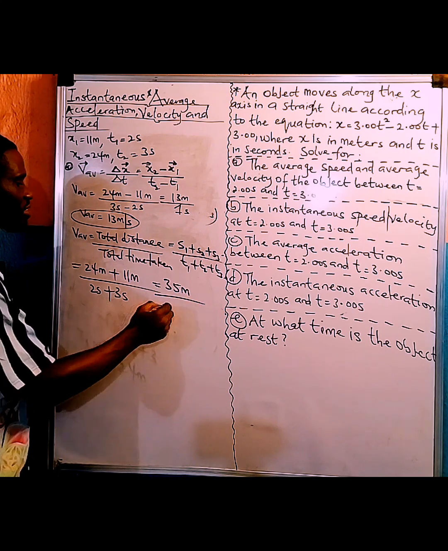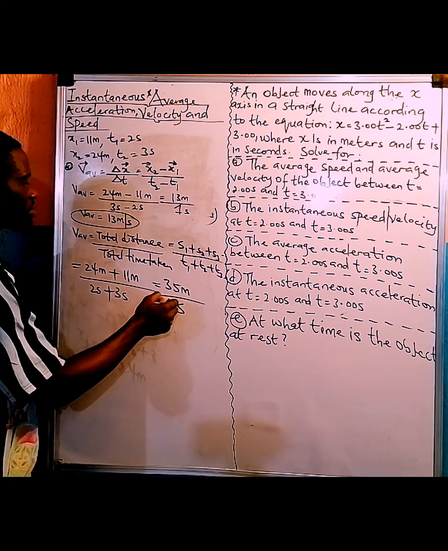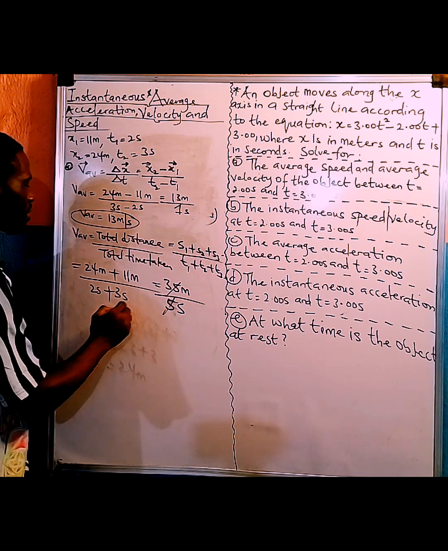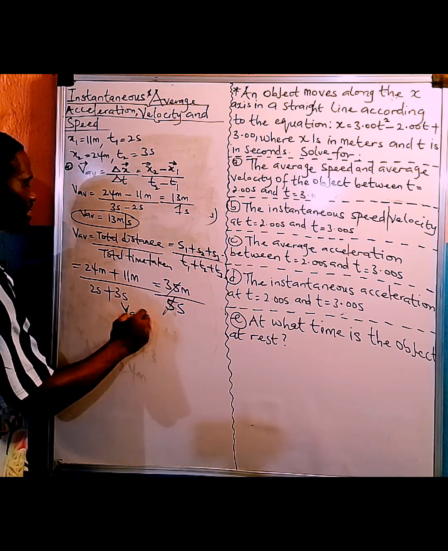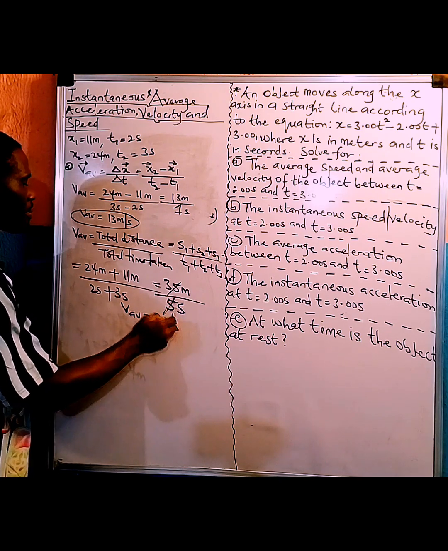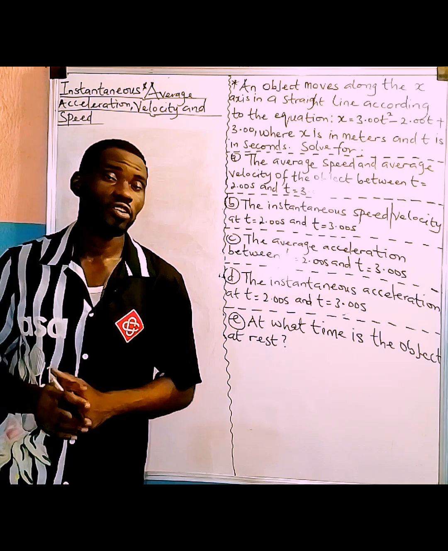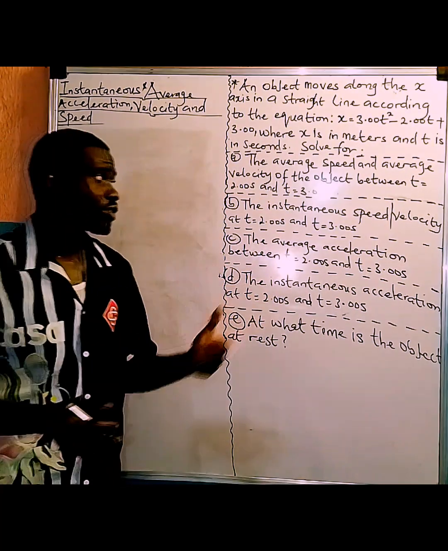Then 2 seconds plus 3 seconds gives us 5 seconds. We divide: 5 into 35 is 7. So the average speed is 7 meters per second. As simple as that.